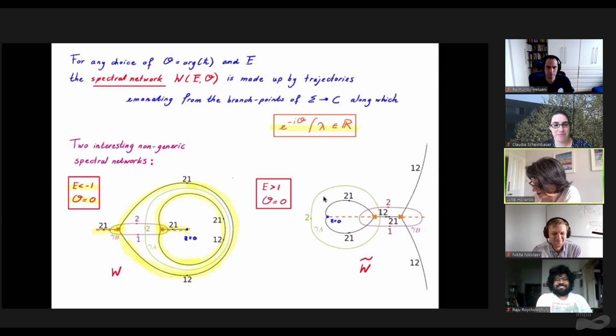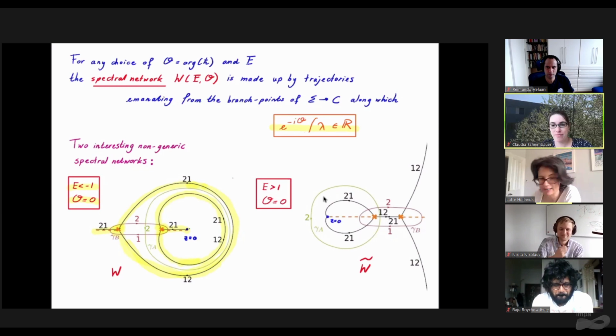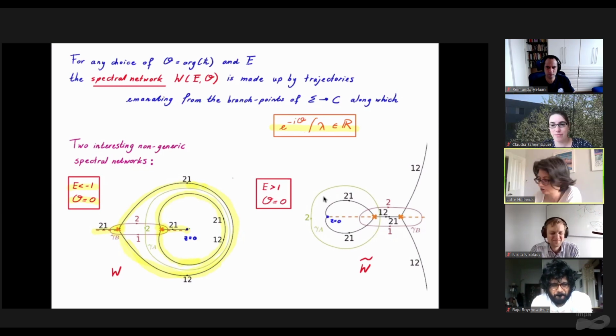Okay. So these trajectories are labeled by 1,2 or 2,1, and this depends on whether this quantity e^{-iθ} ∫λ is positive or negative.